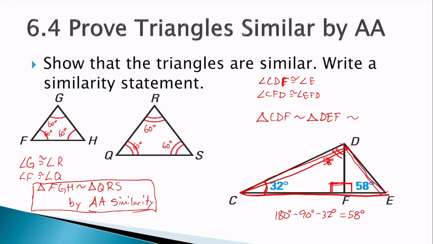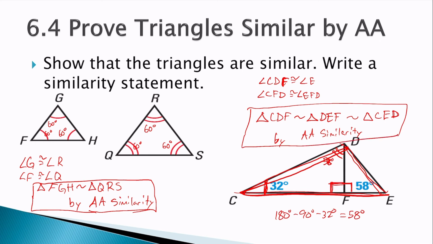The outside triangle also has a 32, a 58, and a right angle. So the one that corresponds to the C, the 32, is still C. The D on the left triangle is 58, so the 58 on the big outside triangle is E, and the right angle will be D. So there are actually three similar triangles in that picture.